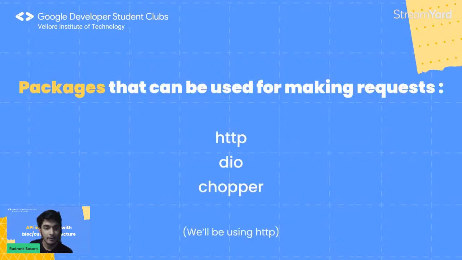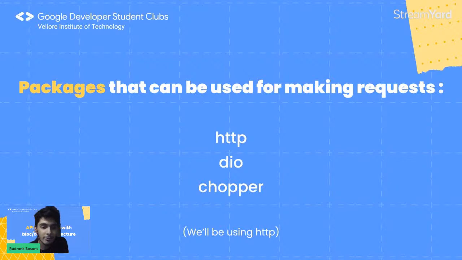So first, for making requests, we have a lot of packages. Here are the three most famous packages that you'll see people using around the internet: HTTP, Dio, and Chopper. I've seen a lot of people use Dio, and I've not seen so many people use Chopper, and HTTP is moderately used.